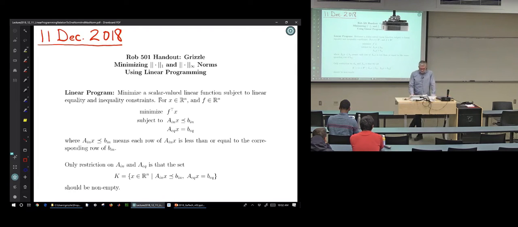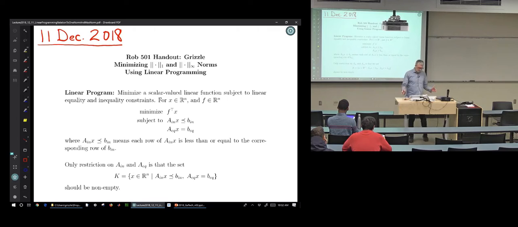So a lot of times when people are talking about stuff and you don't understand the vocabulary, then it seems very intimidating because they know so much more than you, okay? So they talk about LPs. We talked about QPs on Thursday, quadratic programs. So it's minimizing an inner product type norm with linear equality constraints and linear inequality constraints.